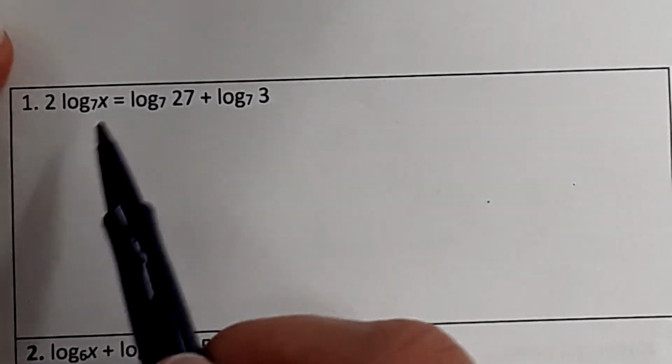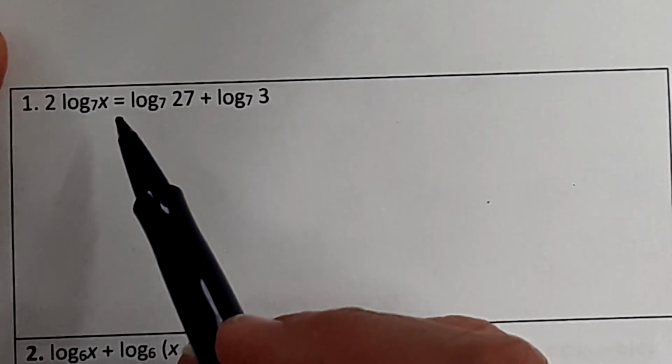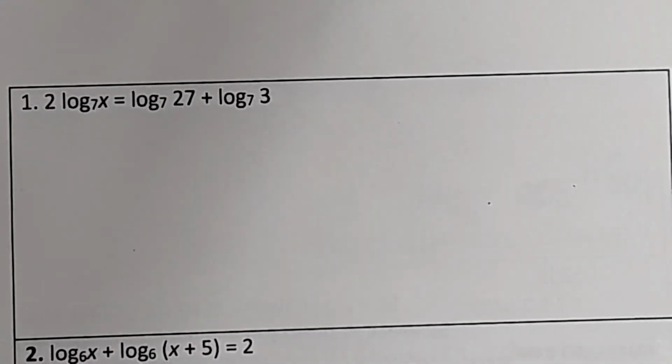Okay, so on this side, see how it's an equation, it's not by itself. So that means that we're going to have them identical. What I mean by that is it needs to be log of base 7 and then something, because we can't solve a logarithmic equation unless the logs and everything look identical.